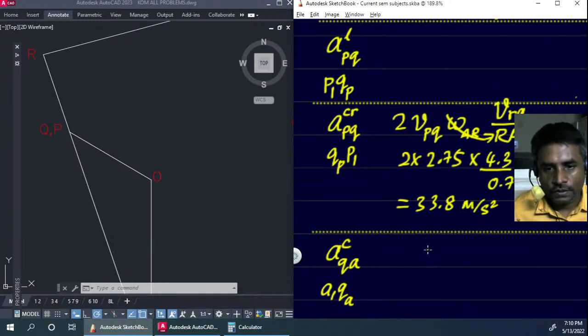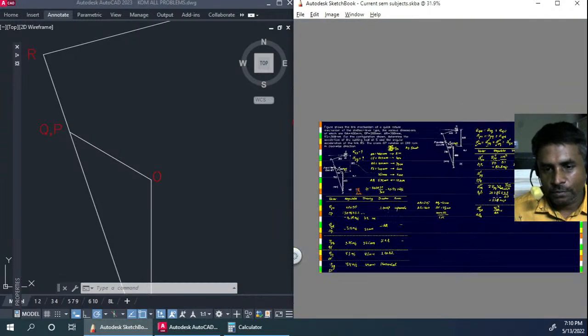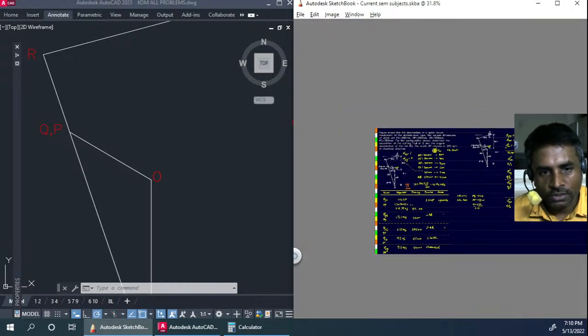We know the formula for this. We know the formula as velocity of q with respect to A, square of this divided by the length QA. Let us see if we know all the values. So velocity of q with respect to A, we'll have to go back here. Velocity of q with respect to A, that's 3.2 meters per second.